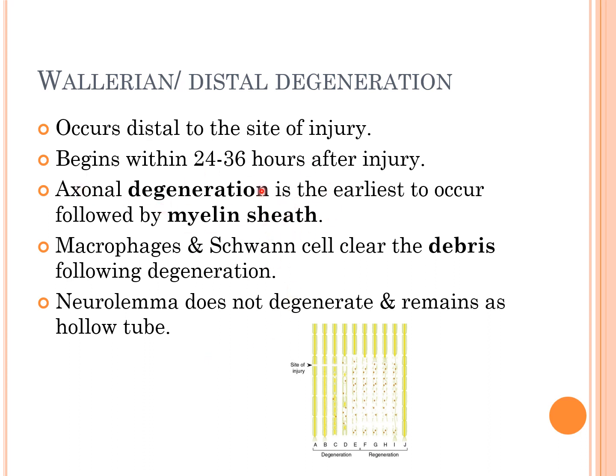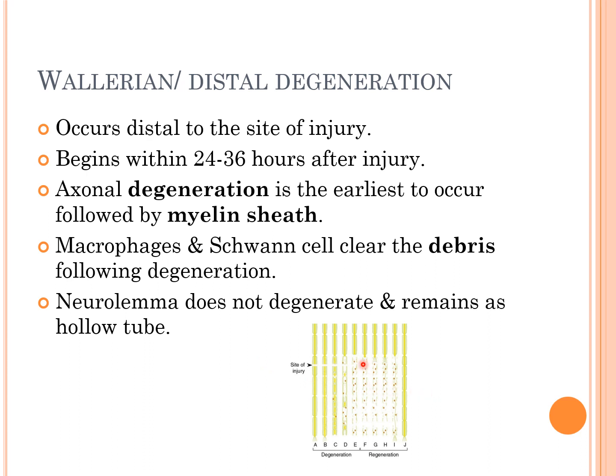So these two, that is the debris formed by the disintegration of the axis cylinder, as well as the fat droplets formed by the myelin sheath disintegration, are both removed by the macrophages and Schwann cells, which clear the debris following these two changes. The neurolemma will not be affected, and because the debris is cleared, the neurolemma remains as a hollow tube.